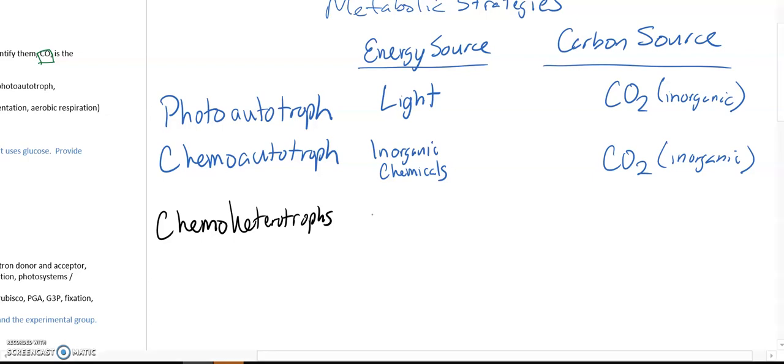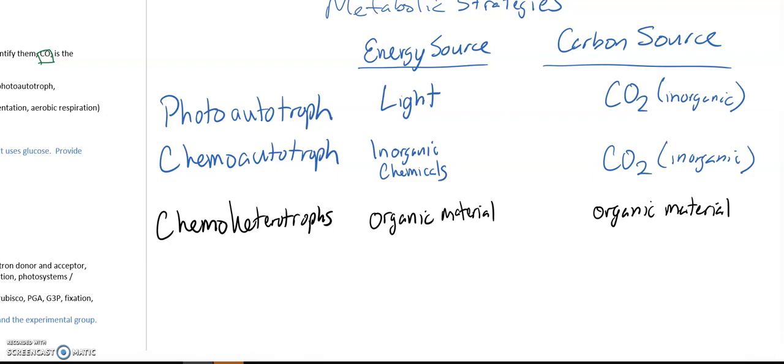Food, organic material. Where do they get their carbon from? Nope, we don't get carbon from CO2. We breathe it out. We also get that from organic material. All right. So chemoheterotrophs get their energy and their carbon both from organic material, and that's us.